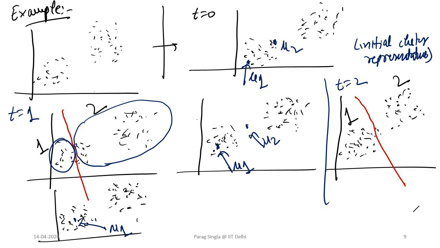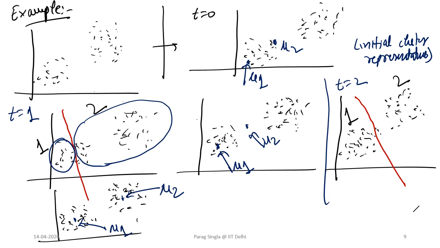As we'll say, it would have almost converged, and this will be your mu2. This is your mu1 and this is your mu2, which are the means of the respective points in the respective clusters.